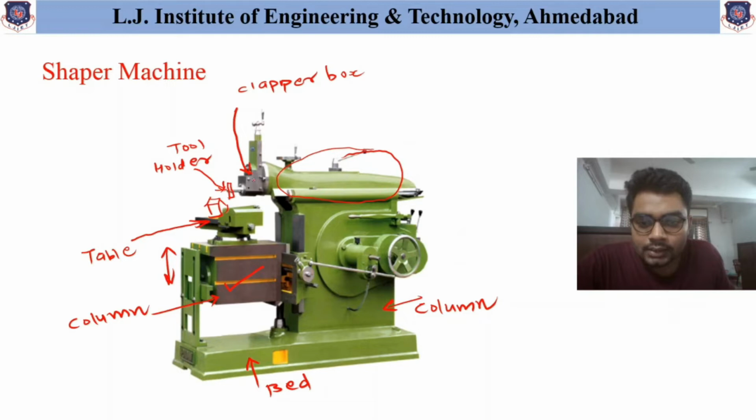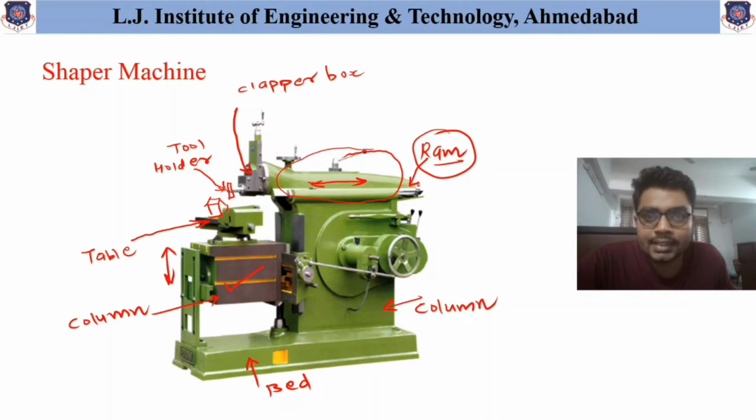Now, the tool reciprocates in this horizontal direction, and the part on which the tool moves is indicated as the ram, meaning the part which helps to obtain the reciprocating movement of the tool is called the ram.